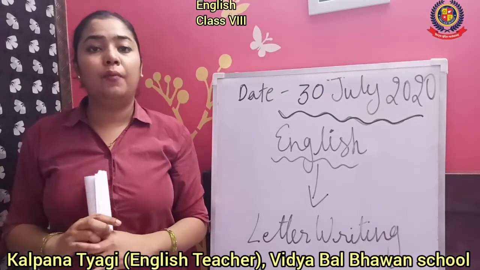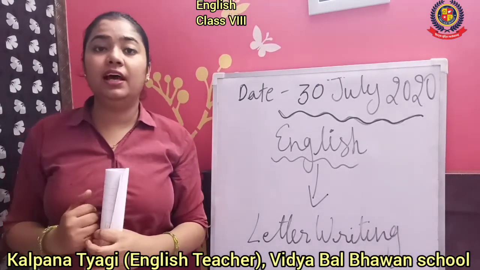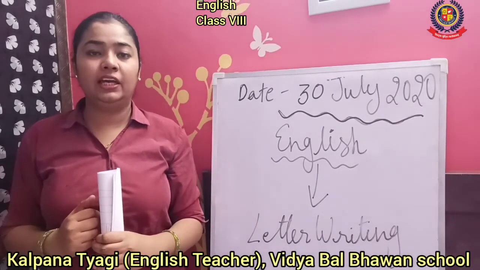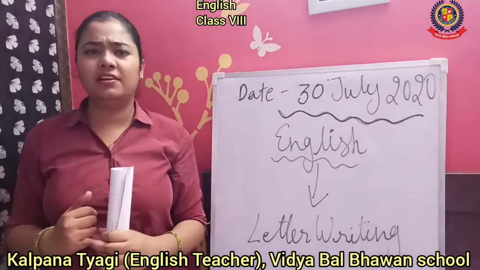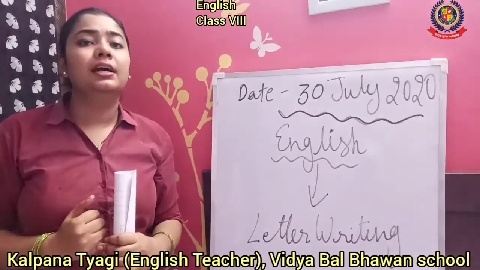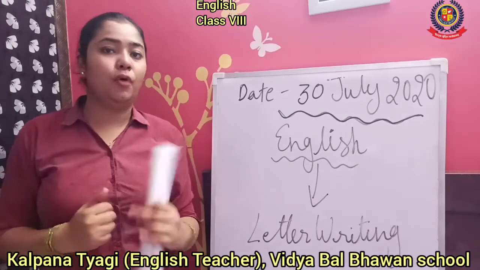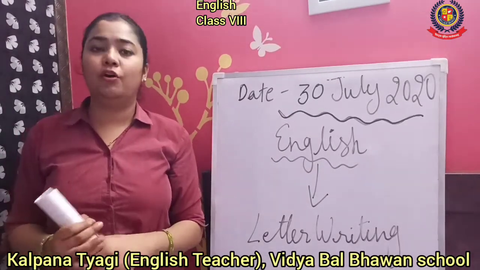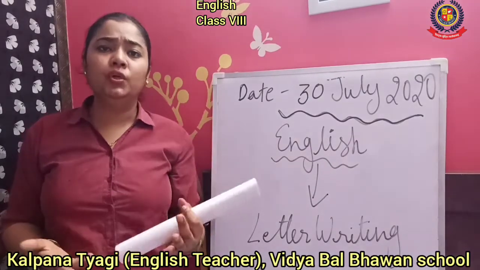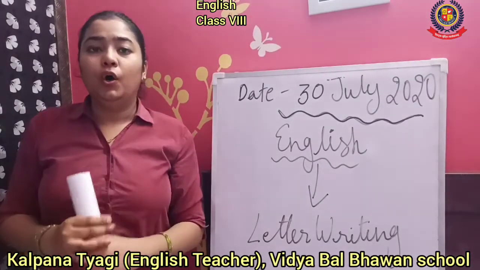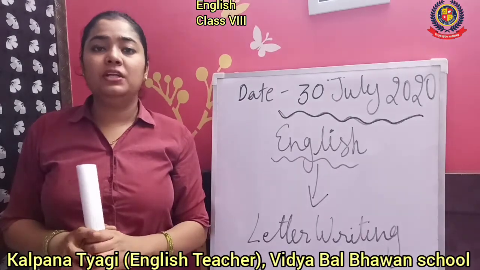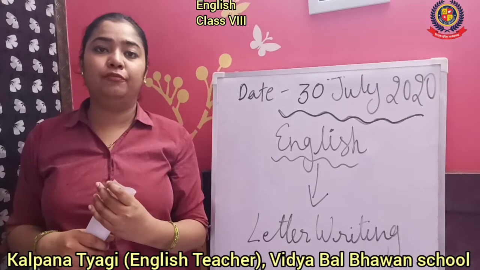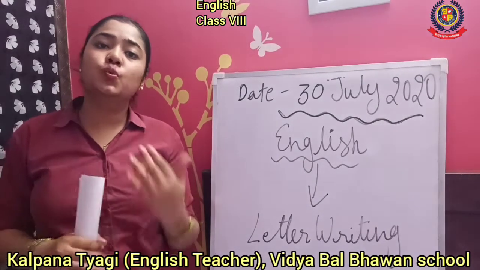After completing the body, again leave a line and then the closing: yours faithfully or yours sincerely, with your name, class and section. If you are a monitor of the class, or a head boy or head girl of any group or the school, you can mention it. Students, this was the format of the formal letter for the school principal.